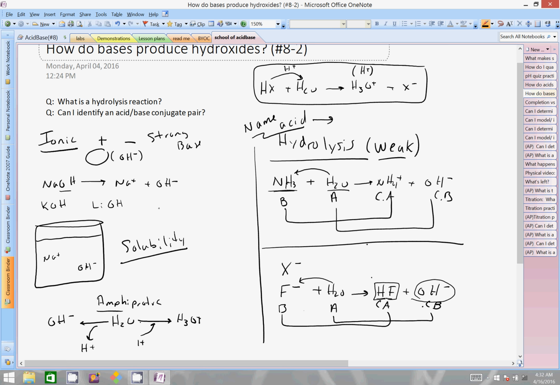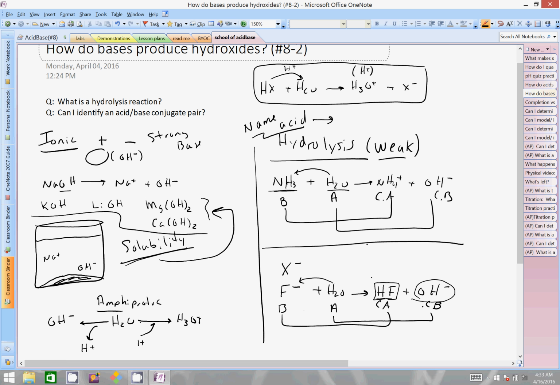Someone might argue for calcium hydroxide or magnesium hydroxide, and they're just starting to become less soluble at this point. These are some common items that tend to be considered strong bases. These two are fringe, but only because their solubility starts to drop off, and therefore they start to collect on the bottom as opposed to dissolve, and we just don't get as high concentrations.